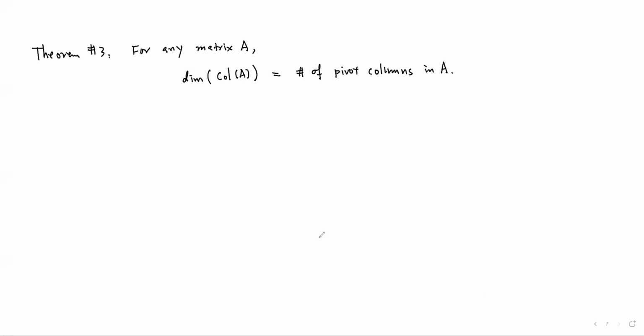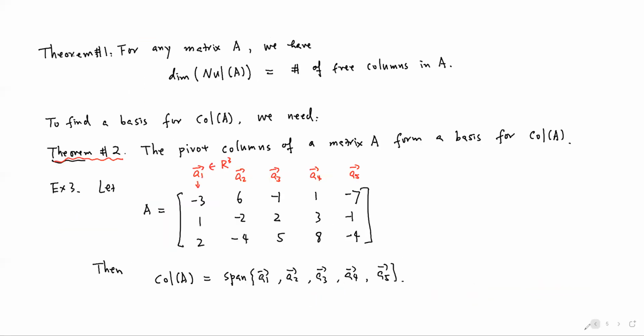Now, this is theorem number 3. Go back to theorem number 1. Theorem number 1, the dimension of the row space is the number of free columns. For a matrix, the number of free columns plus the number of pivot columns is equal to the total number of columns, right? Do you agree?